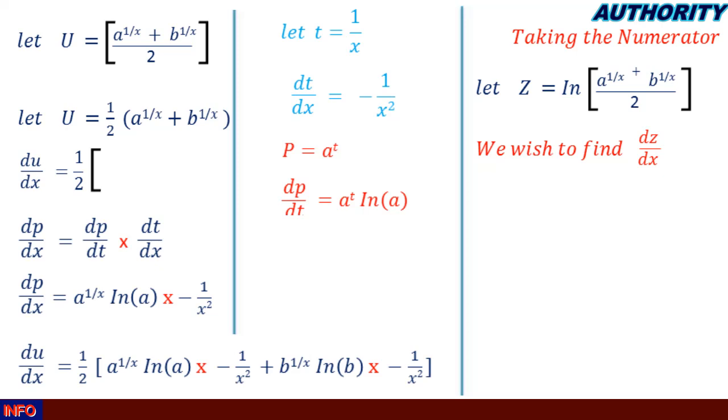So here we're going to have b raised to the power of 1 over x ln b multiplied by minus 1 over x squared.